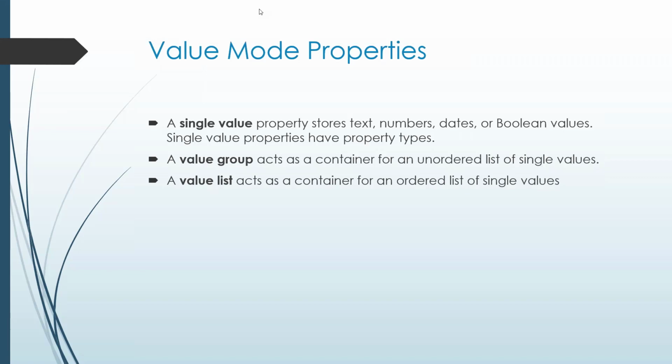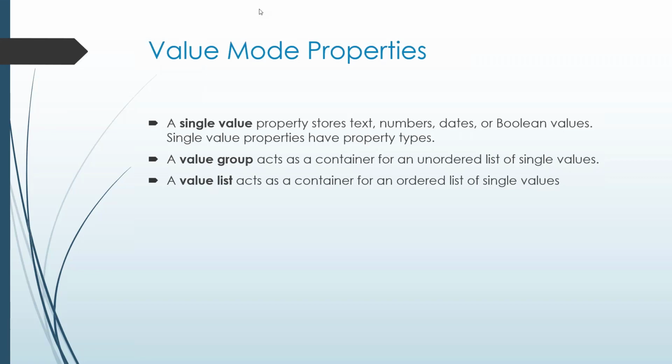Then I have value group. By the name itself we can understand, it is a group of single valued properties. If you want an unordered list, you go for a value group, and if you want an ordered list, you go for a value list. Both are for grouping; one is sorted, the other is not.